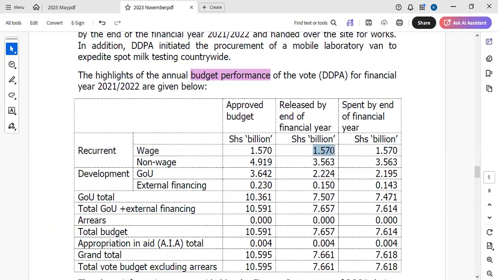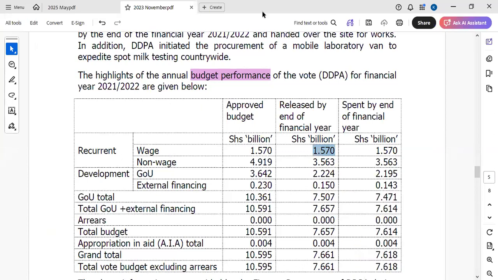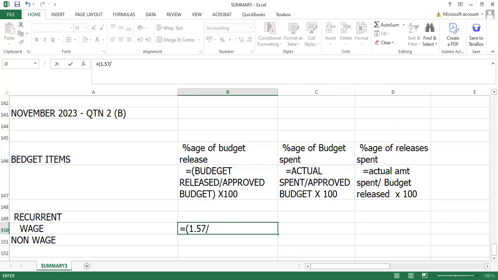Are you seeing 1.57? You get 1.57, then divided by what was approved, 1.57, then times 100. For me, I can convert these direct to percentage.